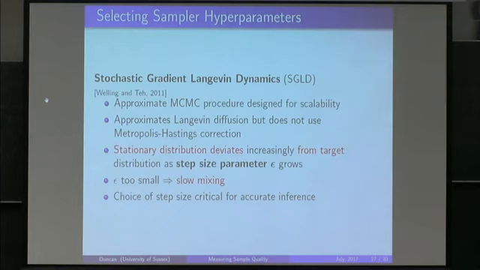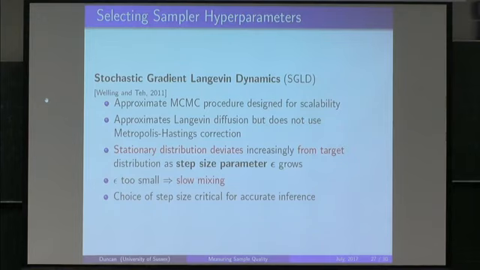So what you do instead is you don't do a Metropolis-Hastings correction, you do an Euler-Maruyama discretization of your Langevin equation, and at every step, rather than compute the full gradient, which is too expensive, you take some subset of the data points, you compute a gradient based on that, and then you move a step. The length of the step that you move is dependent on this step size parameter epsilon.